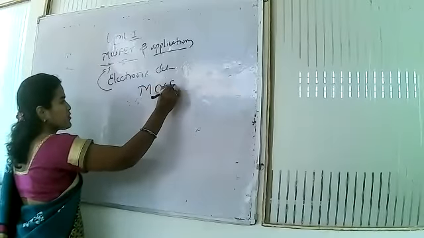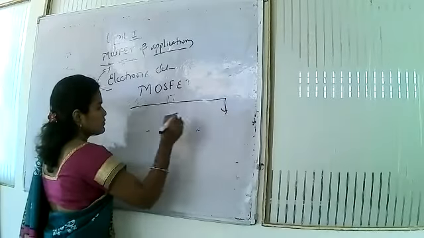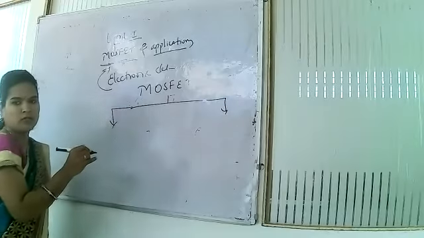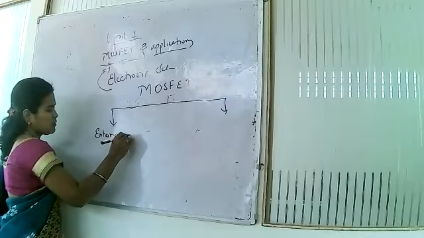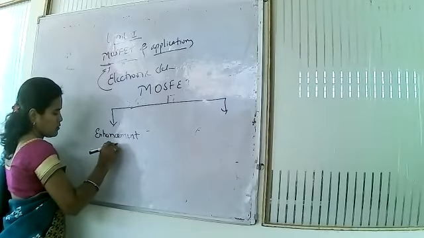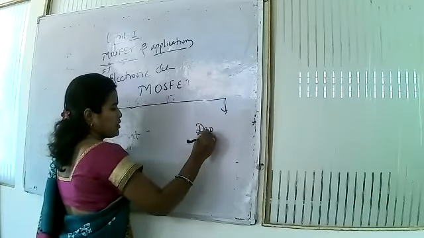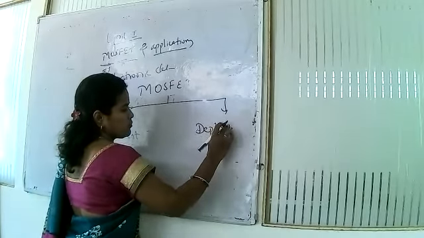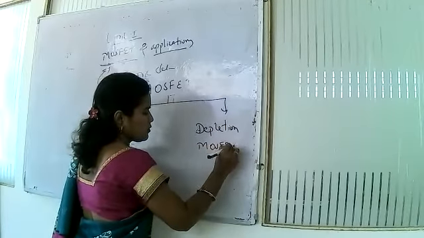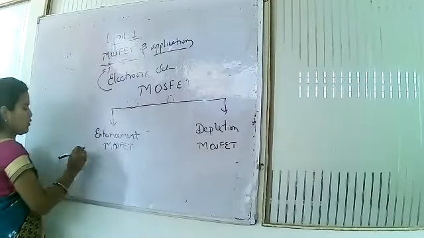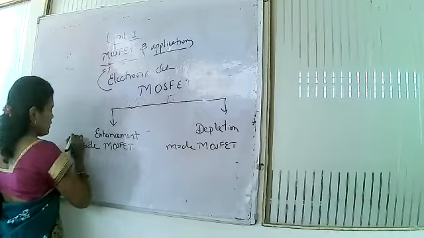We have two types of MOSFET: enhancement mode MOSFET and depletion mode MOSFET.